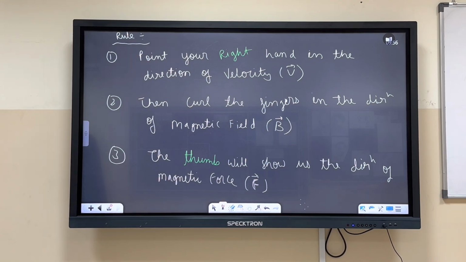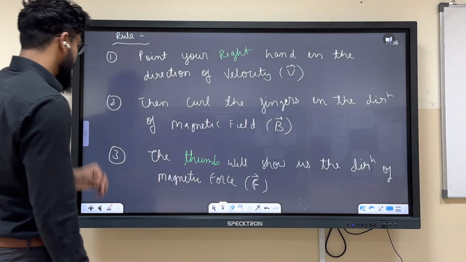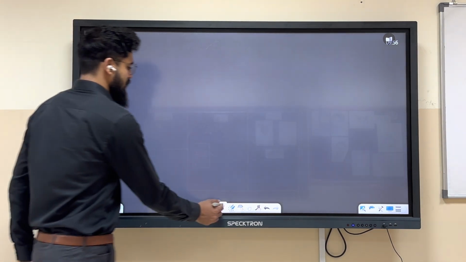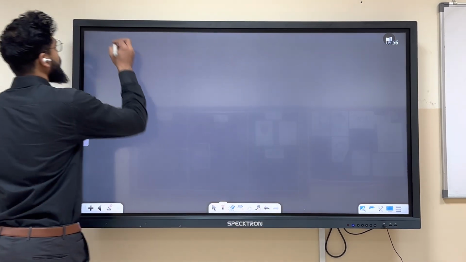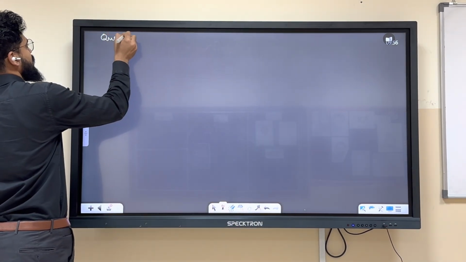The thumb will show us the direction of magnetic force. Done? Awesome. So now let's understand this whole thing by solving more questions.